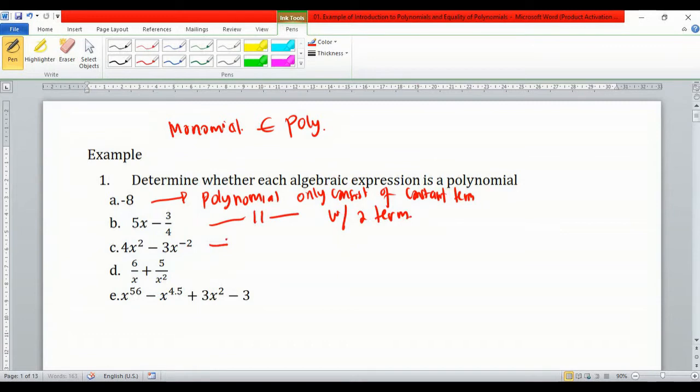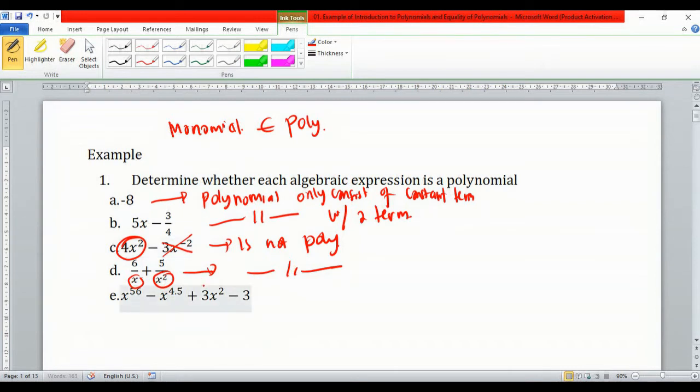How about this one? Yes, this is a term, but remember from the definition, a polynomial must have non-negative powers, so this one is not a polynomial. How about this one? The power is negative, so it's not a polynomial too.